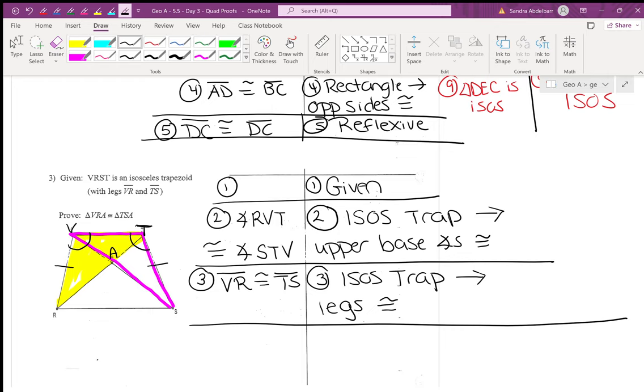Who sees how I'm going to get that last side? No? Livy? I was looking at the wrong chart. Wait, can you do reflexive in between? Yeah, VT reflexive, absolutely. So step number 4, we're going to say that TV is congruent to TV, reflexive.